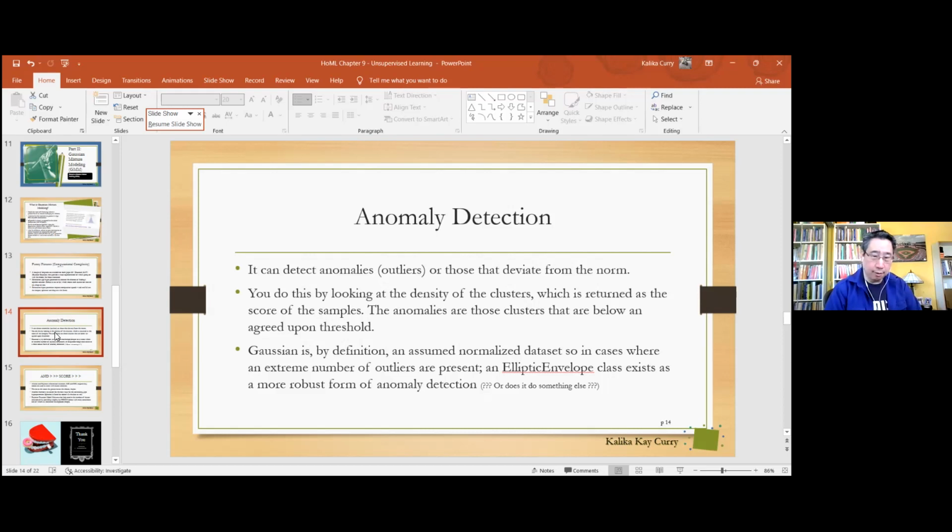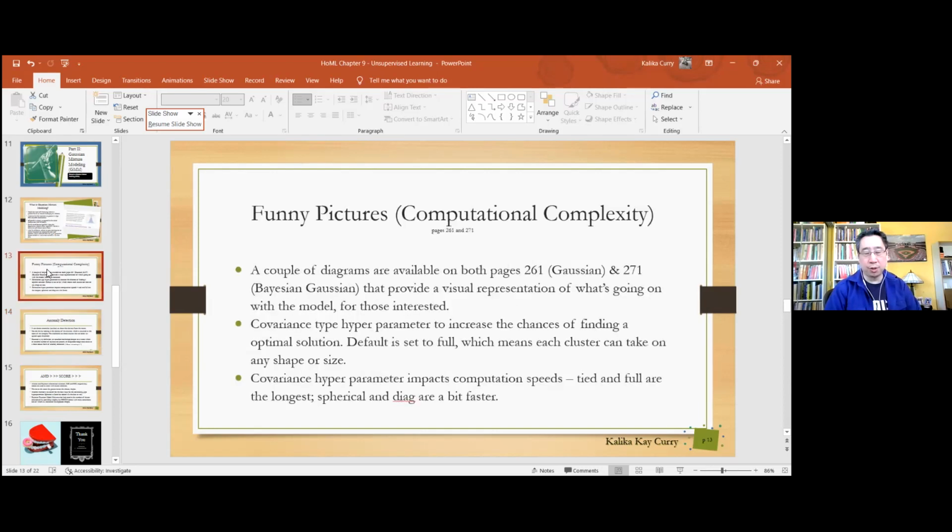Maybe tied would be something you would try because you would expect the disease would have similar correlations with your blood pressure, similar correlations with diabetes, similar correlations with BMI, but you will have a different center for men and a different center for women. And so by saying that the mixtures are likely to be similar shape but have different centers, that might be a reasonable situation to try tied.